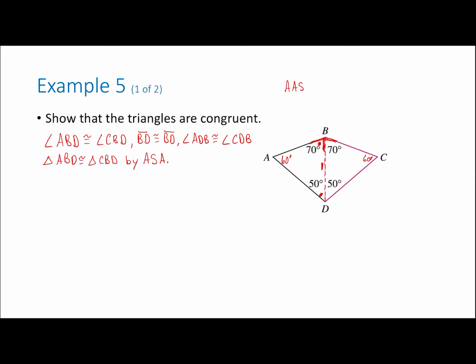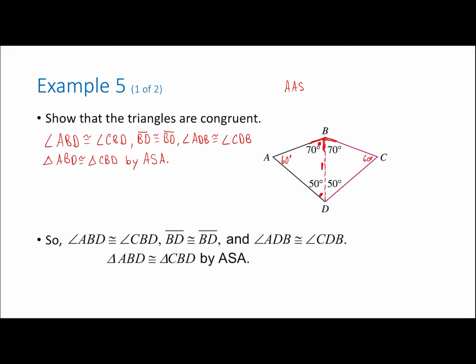And so you could show that angle A and one of the other two angles that's given, either angle B or angle D, are congruent. And then again, they share a side. And so you could actually show this by angle angle side, but you would have to use other measures than what we used.